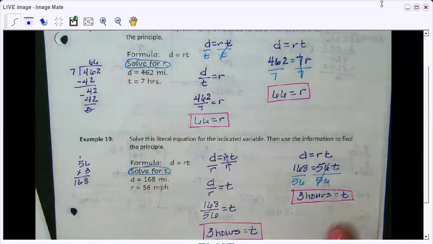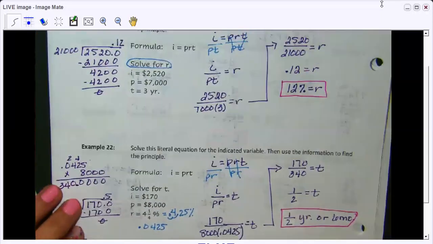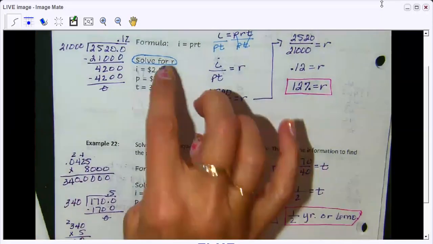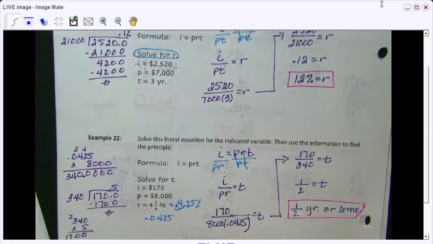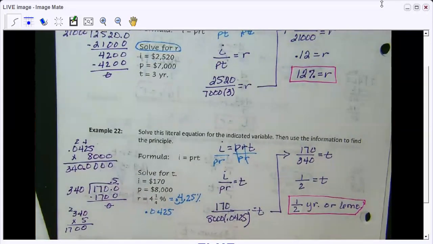These ones are a little bit more confusing just because the numbers are so much larger. And for this one, the rate is 0.0425. So if you want to write those down and then go back and try them, you can.